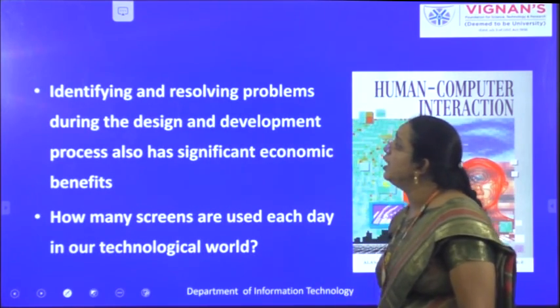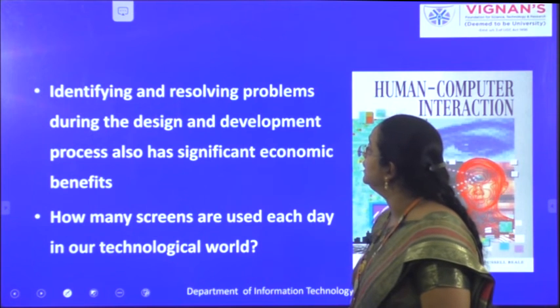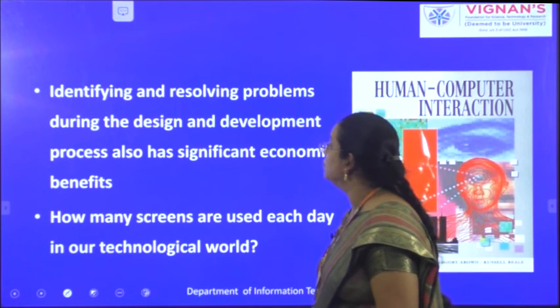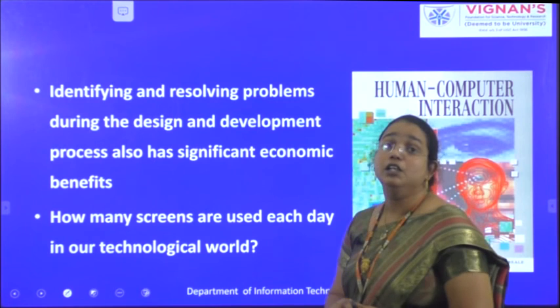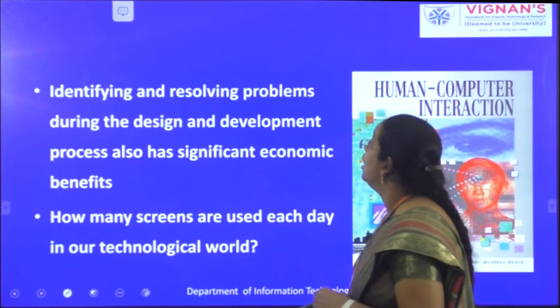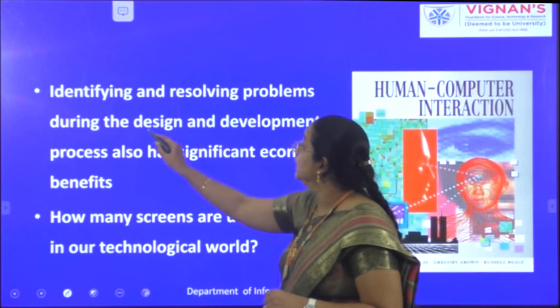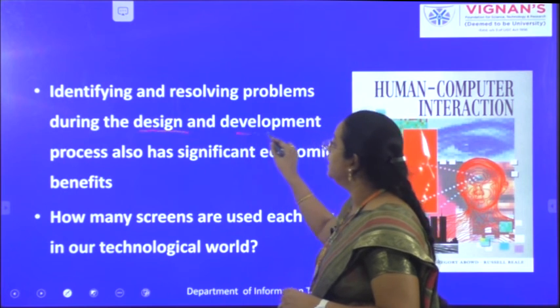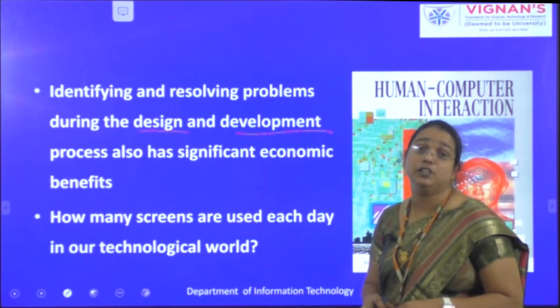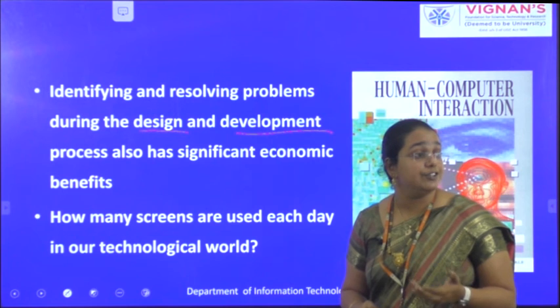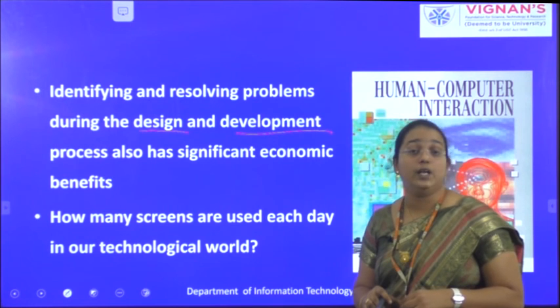Identifying and resolving problems during design and development also has a significant economic benefit. You have to identify and resolve the problems during the design and development process. If the product is launched, after that we are not going to do anything.